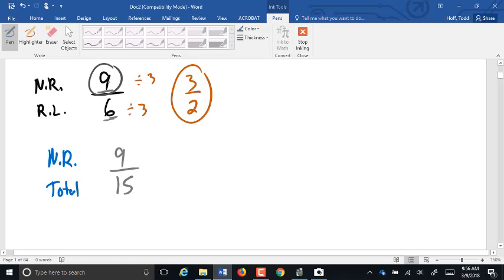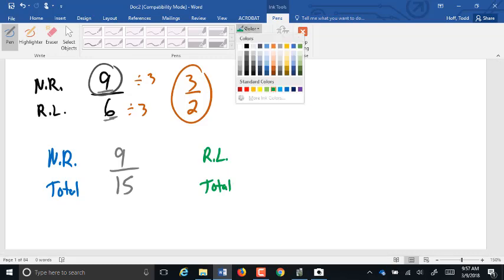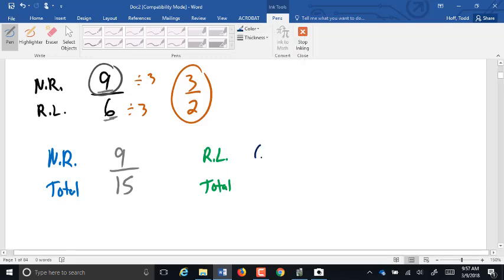So the ratio of New Richmond students to total students for the class is 9 out of 15. Or I could also create the ratio of Rice Lake students to total students in the class. Yeah, 6 out of 15. 6 students at Rice Lake, 15 total. And notice that adds up. 9 plus 6 is where we got the 15.